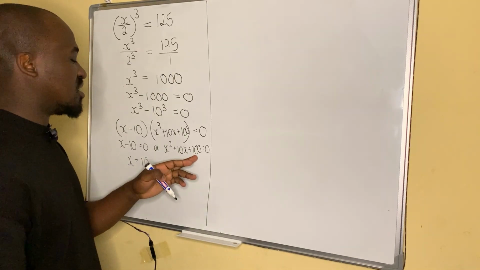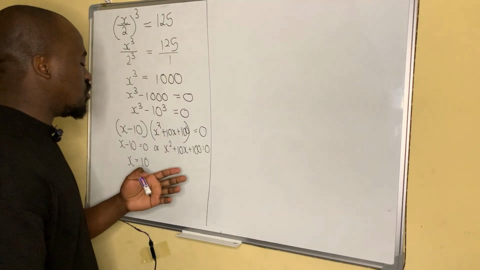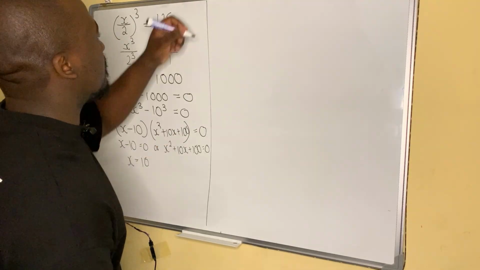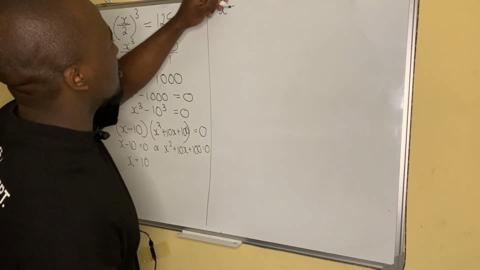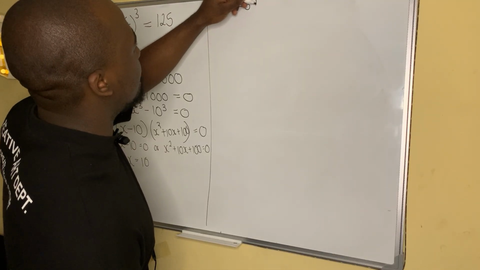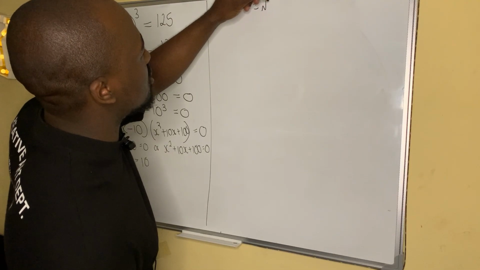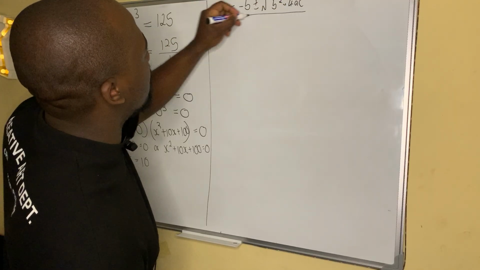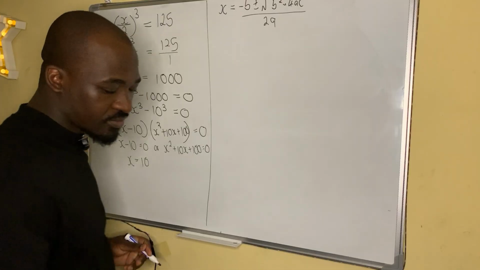But as long as this one is this big and this is 1, then you know that you're supposed to use your quadratic formula. You jump from here, you write your quadratic formula. It's negative b plus minus square root of b squared minus 4ac over 2a.